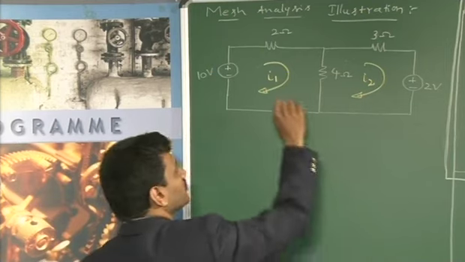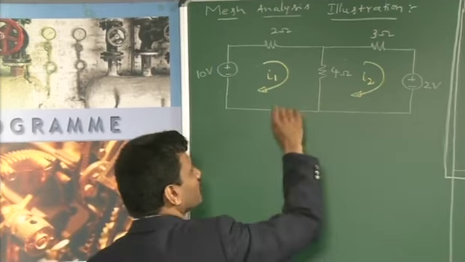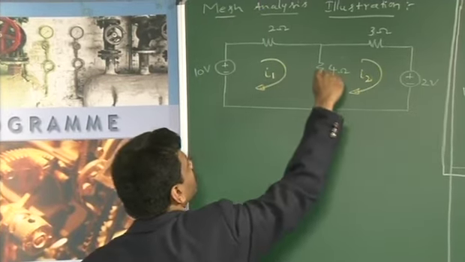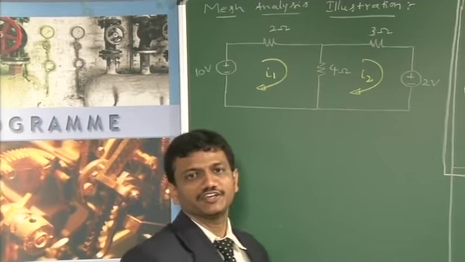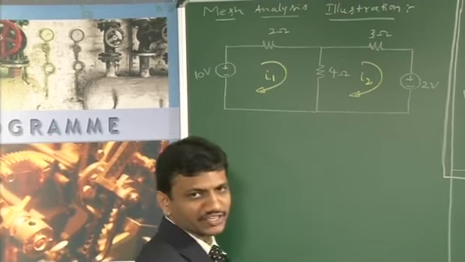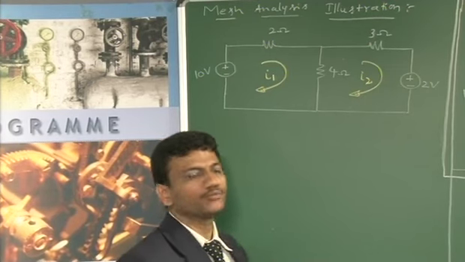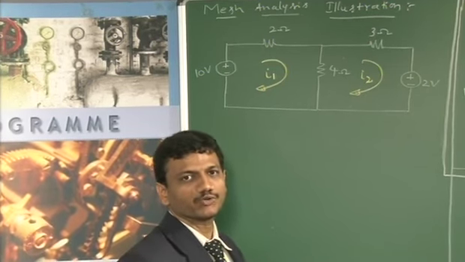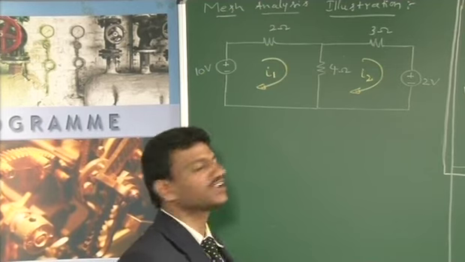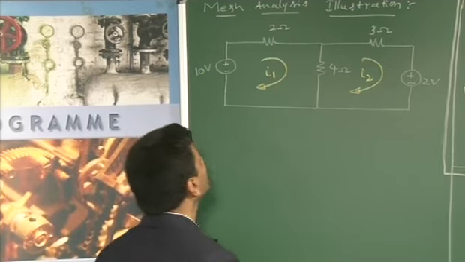So, what we have done is we have identified the meshes, we have allocated a current to each of these meshes, and we now have to apply KVL to each of these meshes. Before the application of KVL, we need to make sure of the polarities of the potential drops that take place across the elements that we come across in the mesh, right?